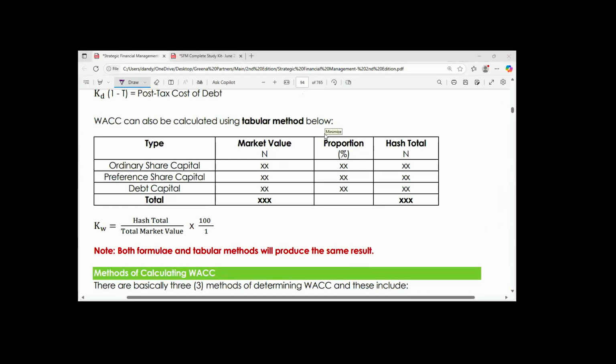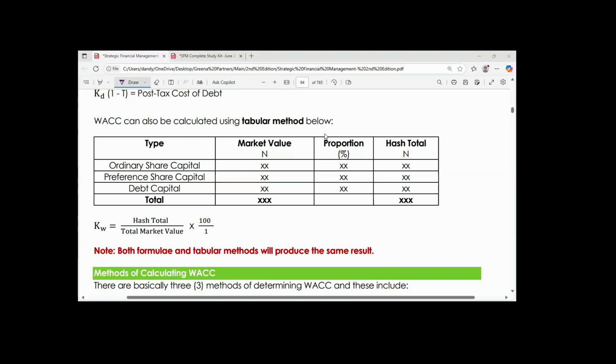In the absence of any further question, I want to say thank you for your patience and understanding. In our next class, by the grace of God, we are going to do weighted average cost of capital. On that day, we cannot complete work because I have to solve different illustrations for us to really understand the concept.